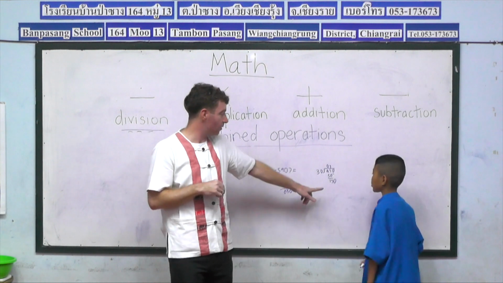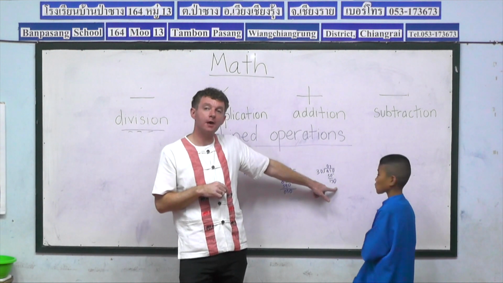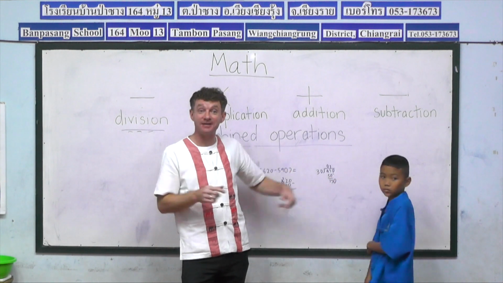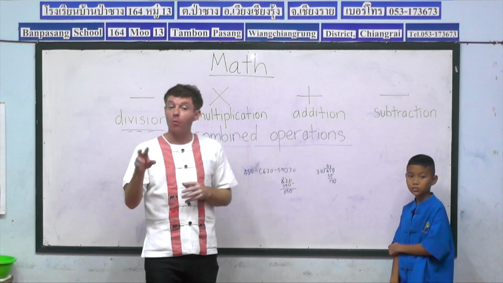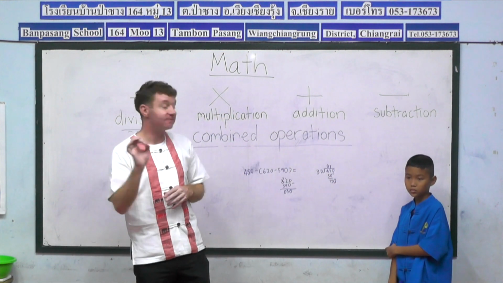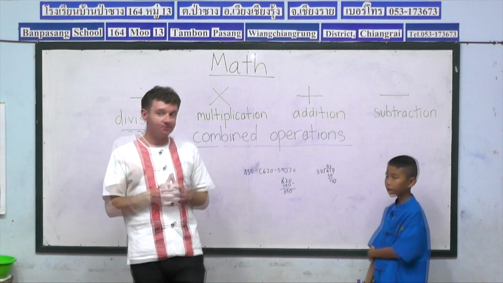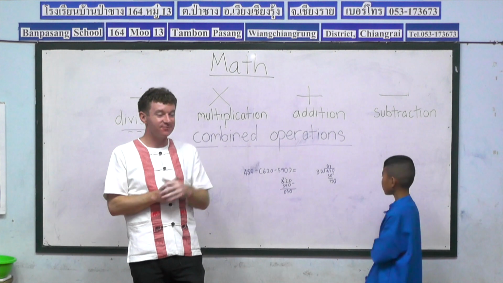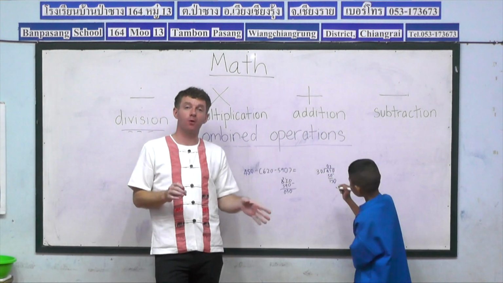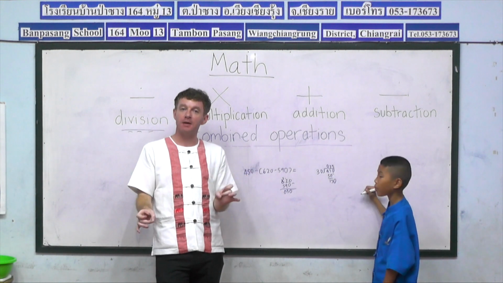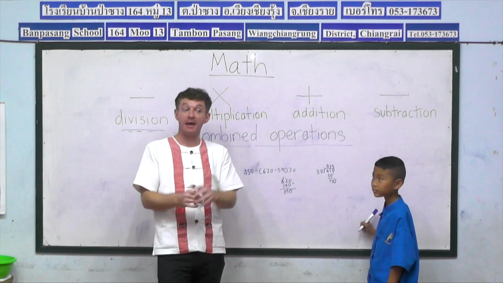And then, what do we do? Bring down a 0. So now, we're not talking about 0 anymore. 150. So now, 150 divided by 30. How many times? 5. Yes. If you want a trick to doing this, we could just say 15 divided by 3 and then add the 0 again at the end.